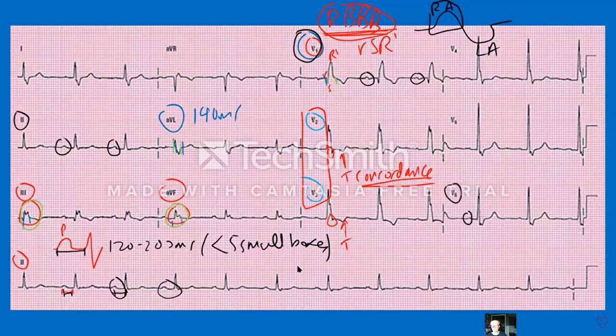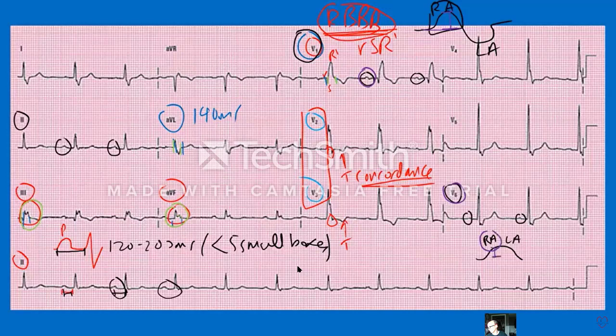In V6, you can barely make out the P waves. Remember the P wave in V6, the beginning portion is the right atrium, the end is the left atrium, right? And we can see the beginning portion of that in lead V1 is greater than that in lead V6, so this height here.